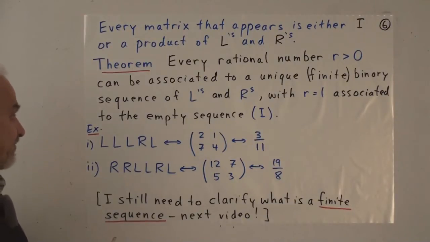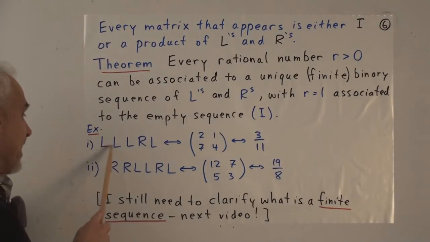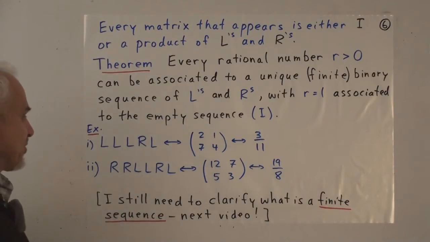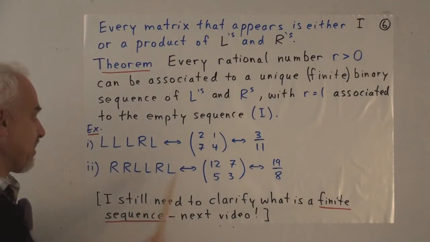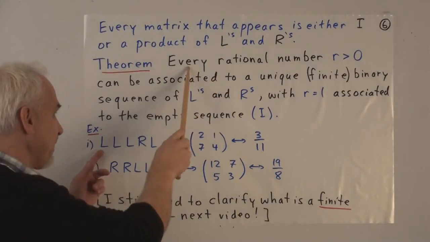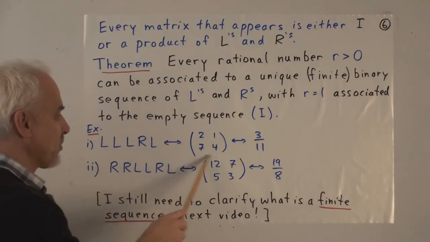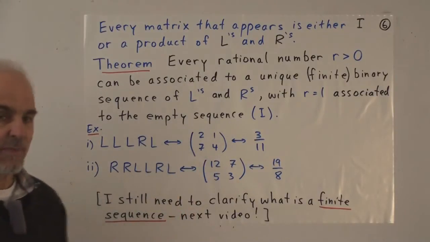So for example, the sequence LLLRL corresponds to the matrix that you get by starting with the I and going left, left, left, right, left. And that turns out to be this matrix here.